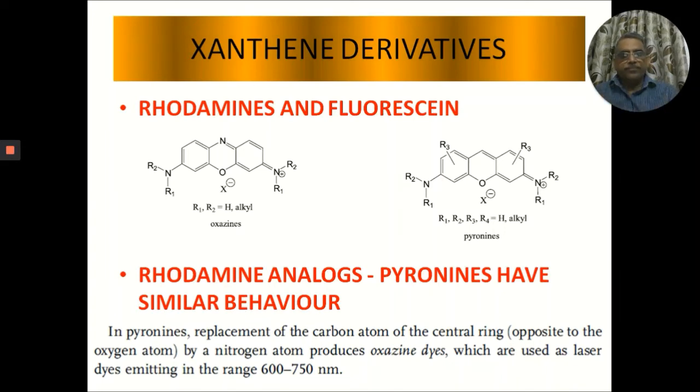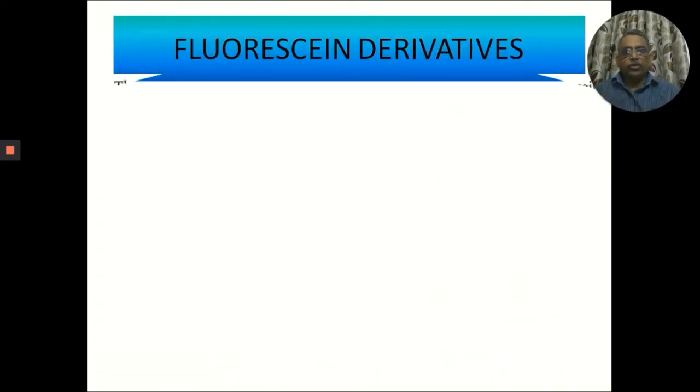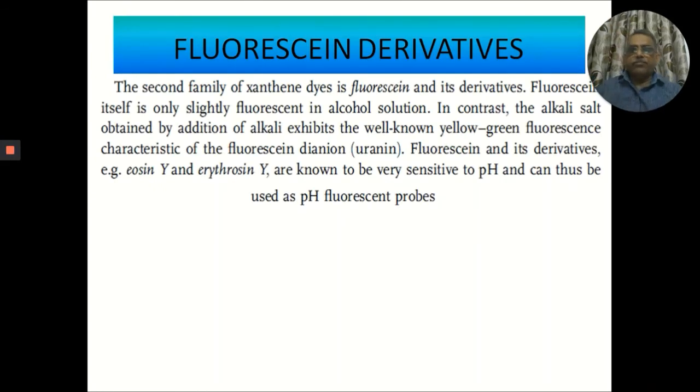Now if you go through the fluorescent derivatives, the second family is the xanthene dyes. Fluorescein is well known for its behavior towards fluorescence sensing. It is one of the early molecules used as a fluorescent probe, and it was used to probe the leakage of water in dams, a very early application. Fluorescein is also used in a lot of ophthalmology imaging, and it is a very important molecule because it is highly fluorescent in the alkaline form.